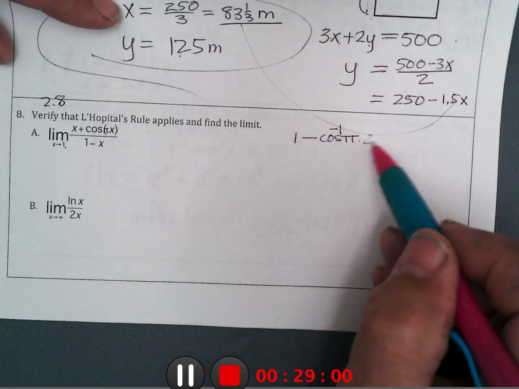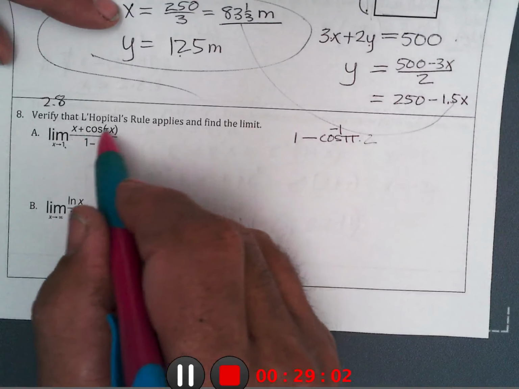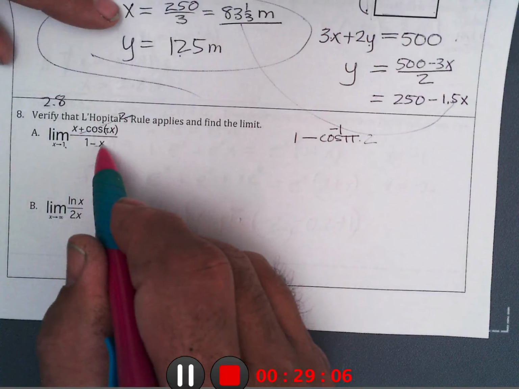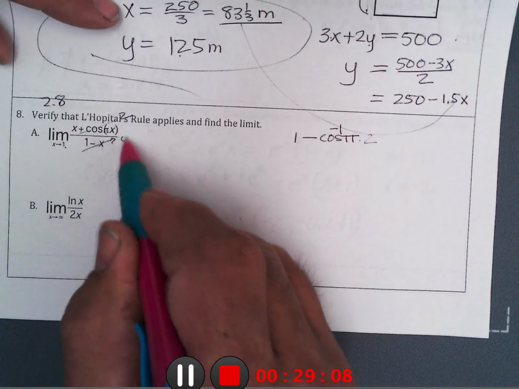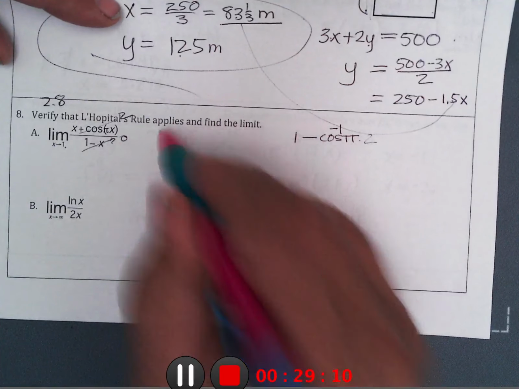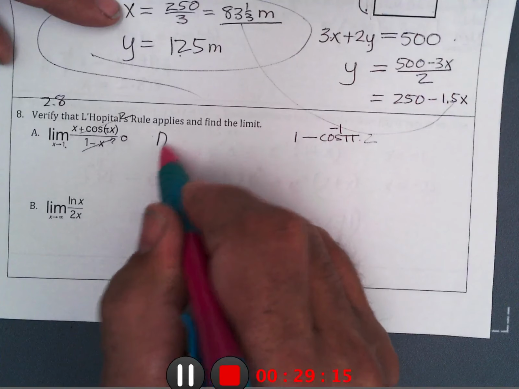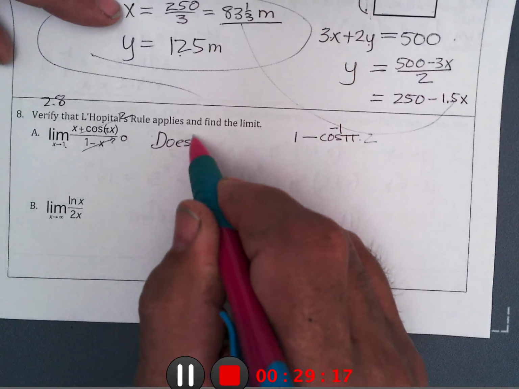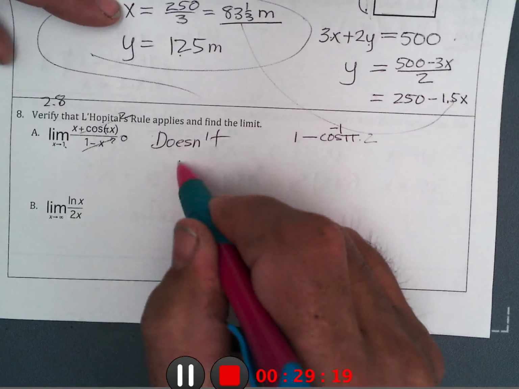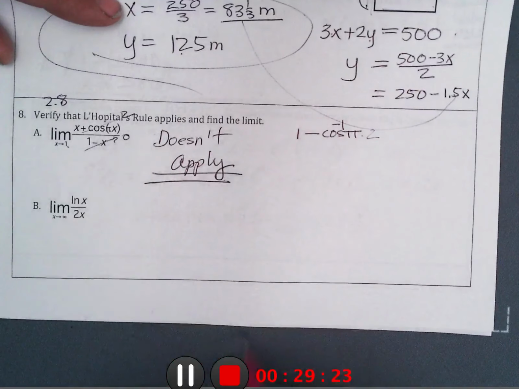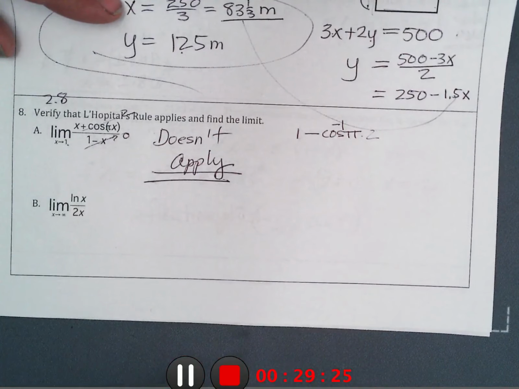So this would be 2, and this would be 0. So L'Hopital's rule doesn't apply here. So you can't do that one with L'Hopital's rule.